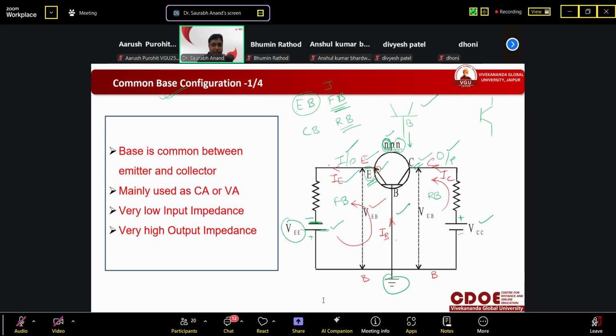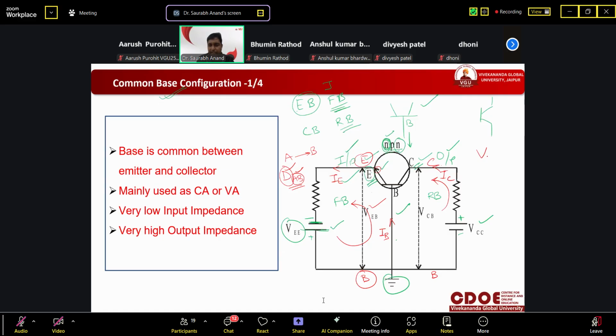Suppose we want to write the distance between A and B. We use D for distance AB. This is the distance between A and B, right? A to B distance is denoted by DAB.